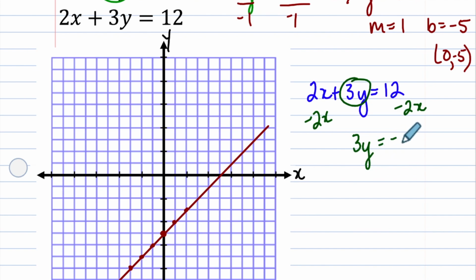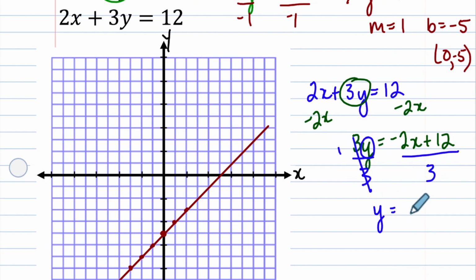3y is equal to -2x plus 12. To get y by itself, we'll divide by 3. What we do to the left side, we need to do to the right side. We get y is equal to -2/3 x plus 4.